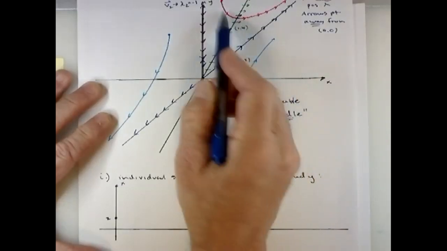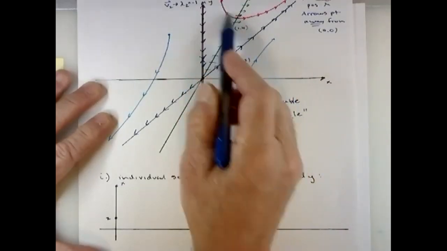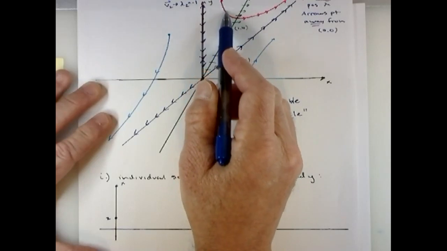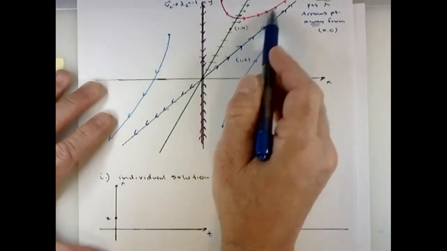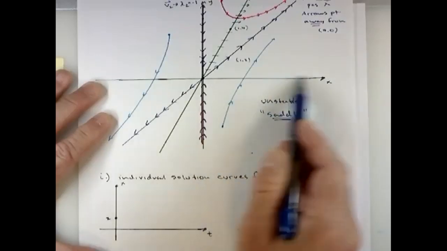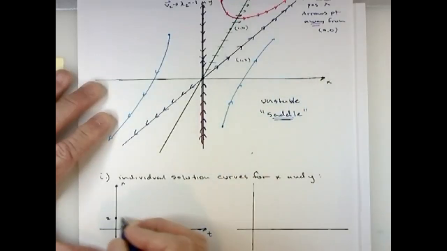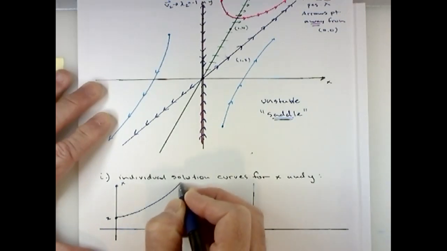So what happens to X if you move along this curve? What's happening to your X value constantly? Your X value is constantly getting bigger, right? So you could expect your solution for X to just constantly get bigger. It's just going to keep getting bigger and bigger and bigger.